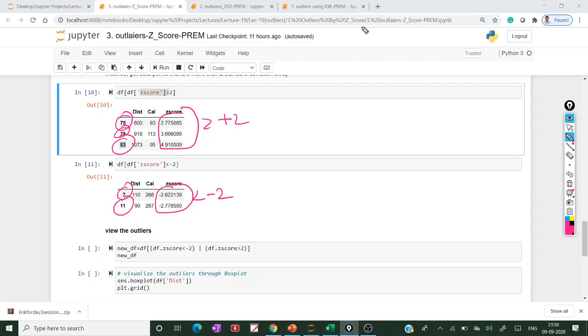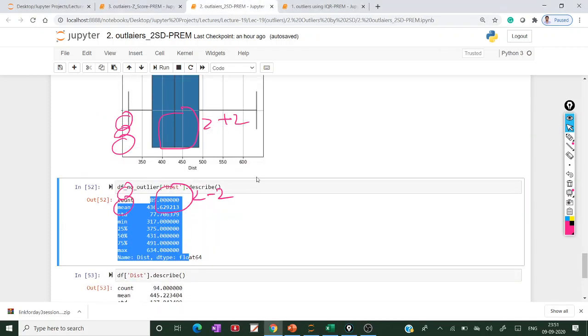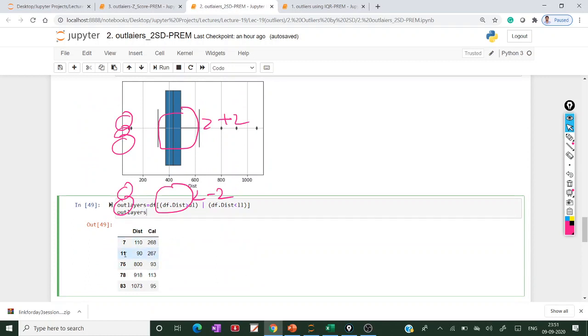If you see in this program, similarly these are the outliers: 7, 11, 75, 78, 83. So these are the outliers by standard deviation.